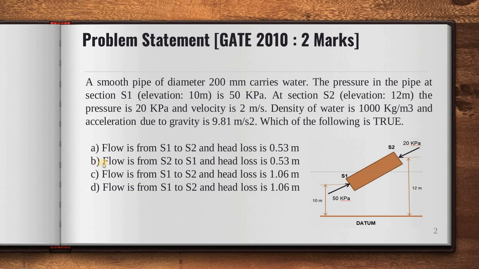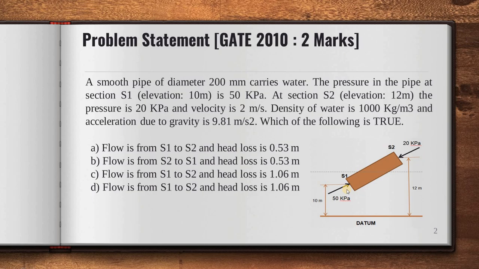Statement B, flow is from S2 to S1 and head loss is 0.53 meter. C, flow is from S1 to S2 and head loss is 1.06 meter. And D, flow is from S2 to S1 and head loss is 1.06 meter.